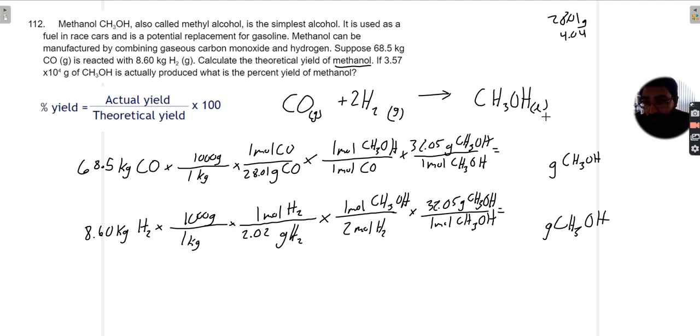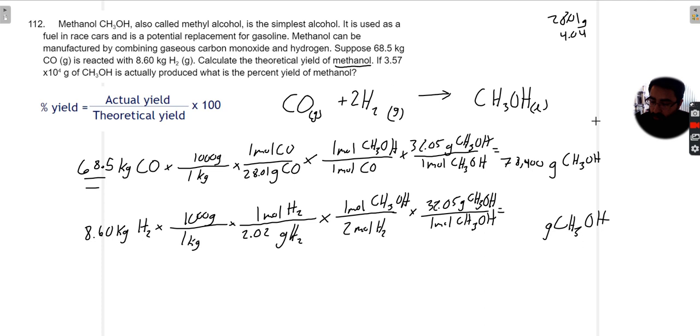This makes 78,400 grams of CH3OH. Why are we rounding? We only have 3 significant figures, so we can only write 3 significant figures there. Keep that in mind. All right, so let's do that with the other one.